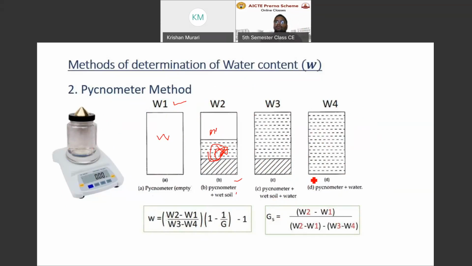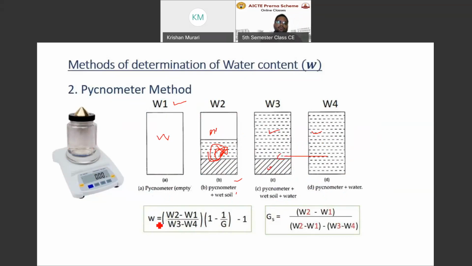In the fourth condition, the pycnometer plus water, where all the soil is replaced by water. These are the four stages of the container that we perform in that test.